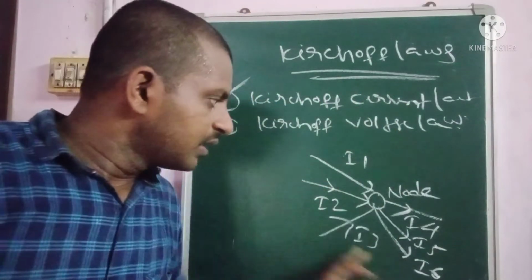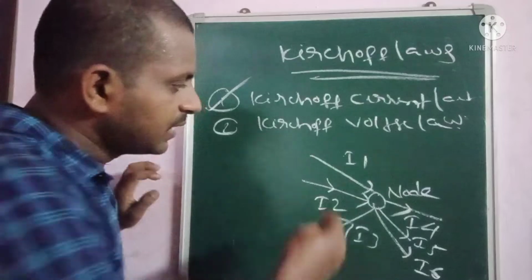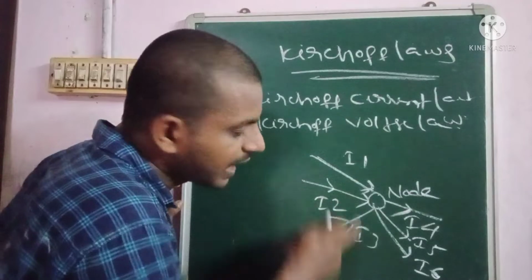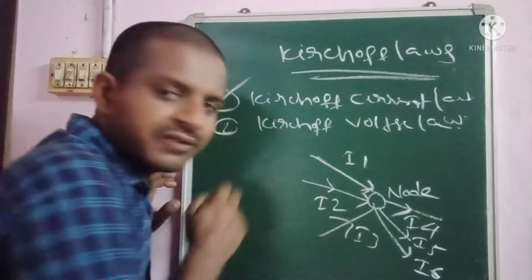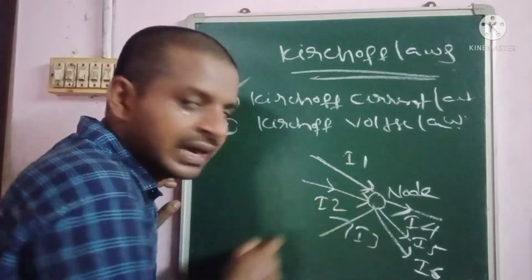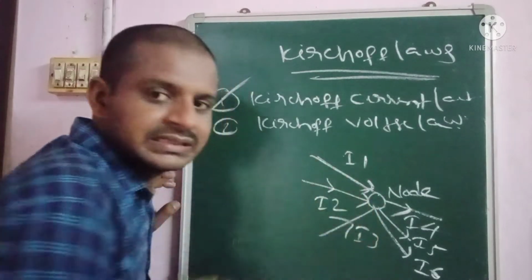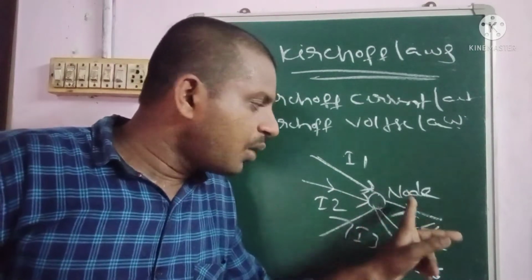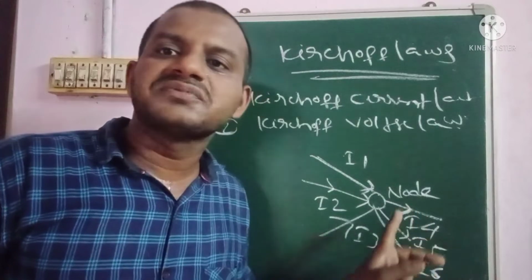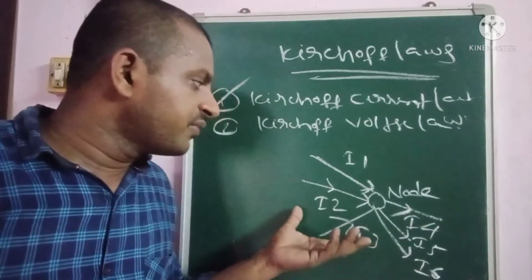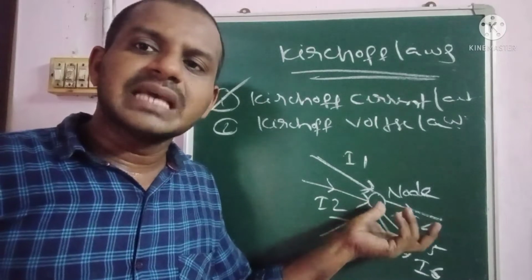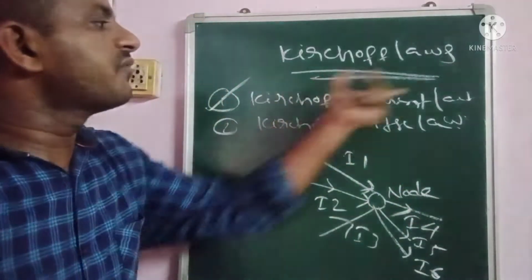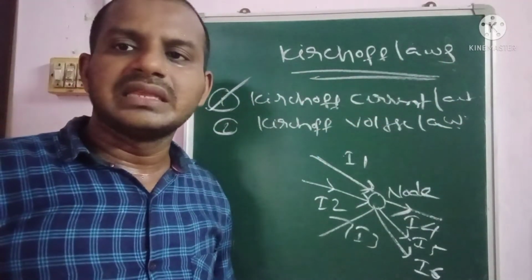From this entire diagram, the sum of entering currents, I1, I2 and I3, into the junction, as well as the sum of leaving currents from the junction, is called Kirchhoff current law.